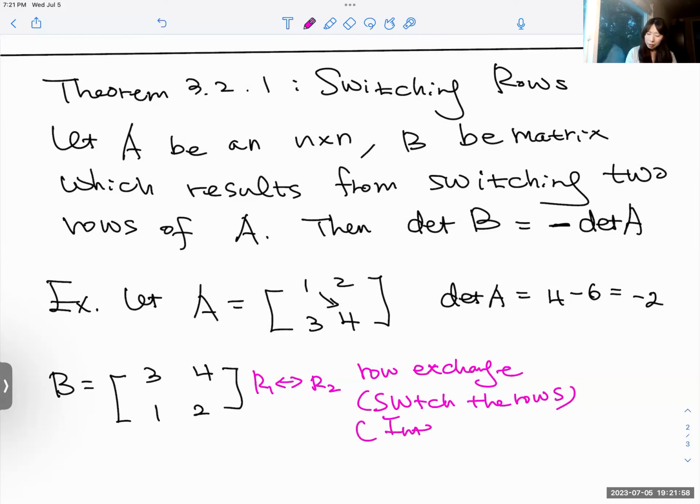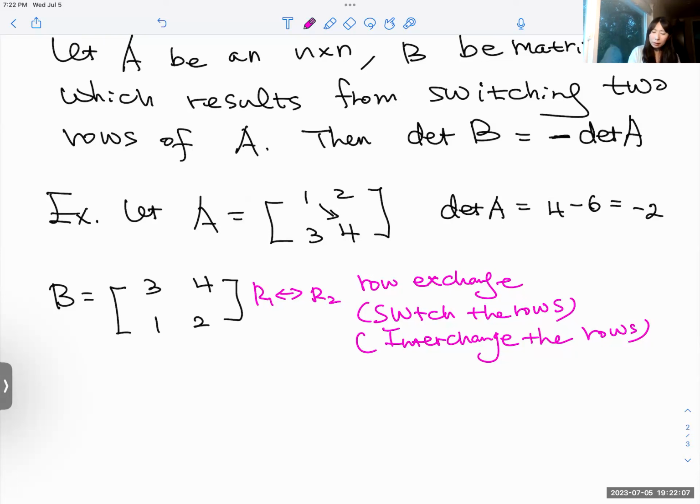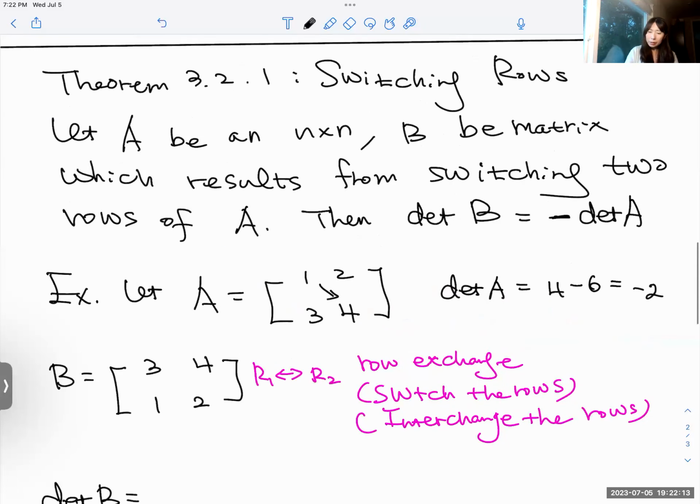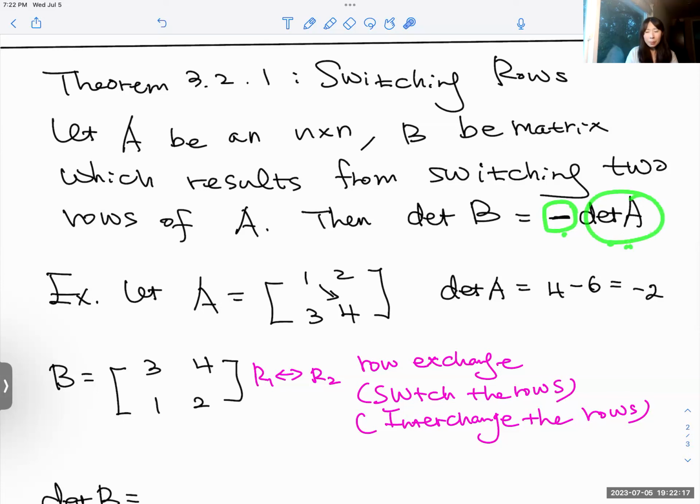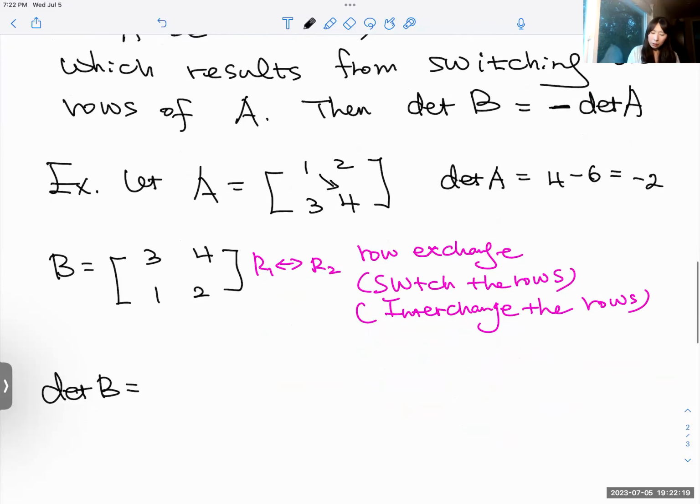Then the determinant of B is the negative determinant of A, which is negative of -2, which is positive 2.